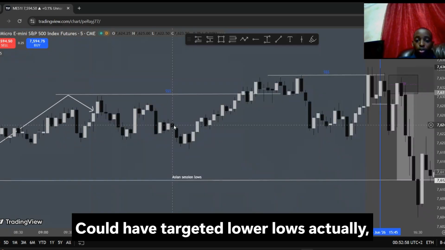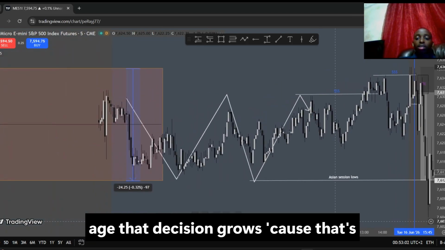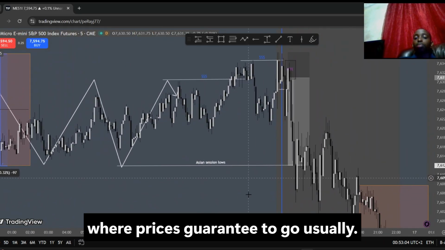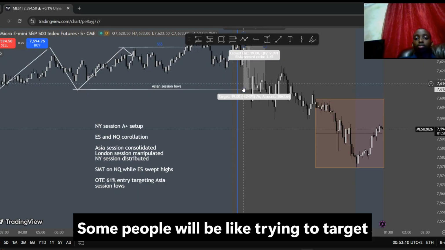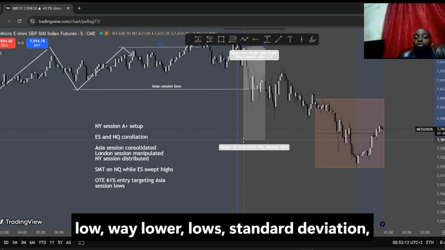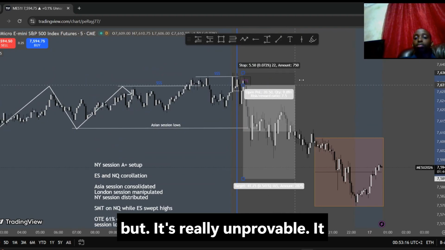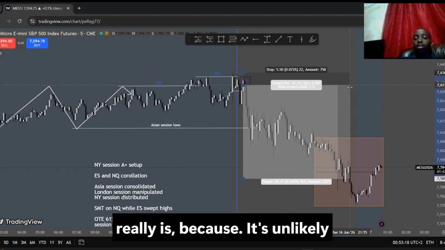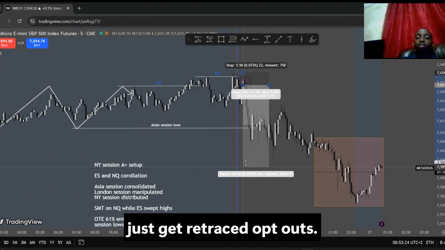Could have targeted lower lows actually, but it's usually safer to go with the session lows because that's where price is usually guaranteed to go. Some people try to target way lower lows with standard deviation, but it's really improbable. It's unlikely that will actually play out and you usually get retraced and stopped out.